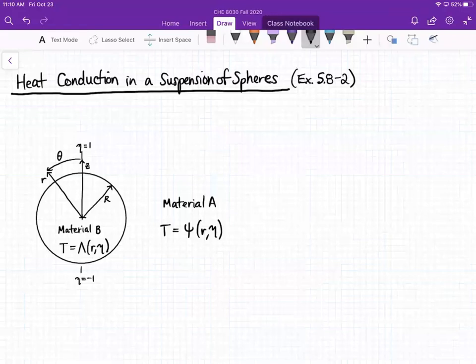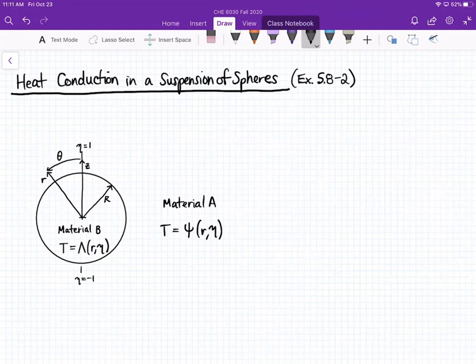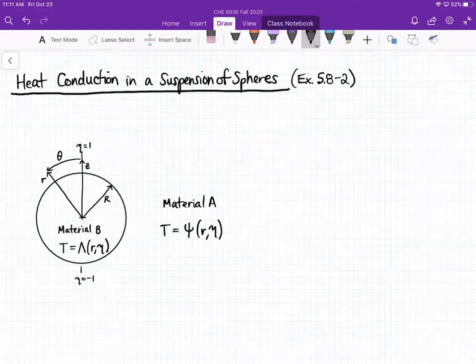Again, we have a single sphere of material B. It is surrounded by an infinitely large sink of material A. The goal of our problem is to derive the temperature profile both inside material B as well as in the surrounding material A. For that, we've defined the temperature variable inside our sphere as lambda, and the temperature variable in material A surrounding our sphere as psi.